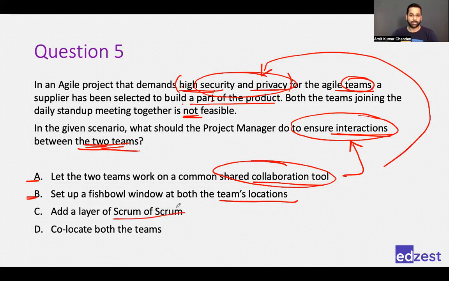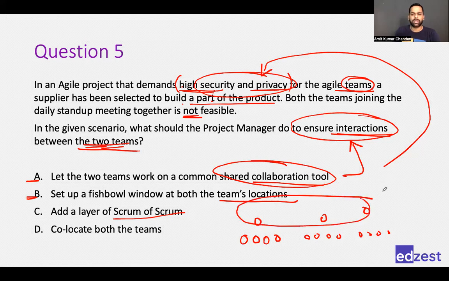Okay, so for this, we have to understand first what the Scrum of Scrums is. Okay, so when we talk about Scrum, we have multiple team members and one Scrum Master. When we talk about Scrum of Scrums, we will have more teams and Scrum Masters. Okay, and these Scrum Masters together will form a Scrum team. So it will be a Scrum of multiple Scrums.